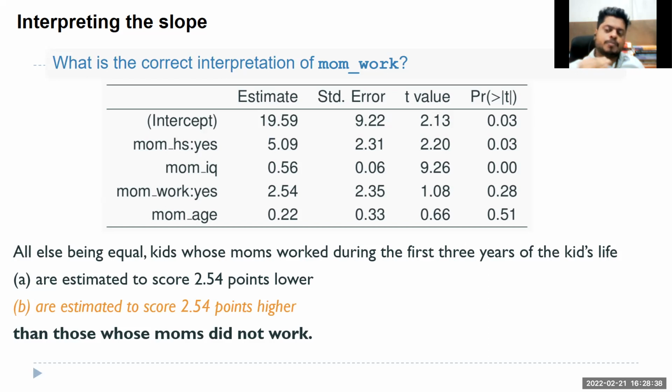But before you make this interpretation, you have to look into this. Age looks like 0.22, but the probability level of significance is very high, 0.51. So for this sample data, you may use this equation. But when you use the same equation to predict for other data, that estimate value will not be reliable; the same estimate value will not be found.